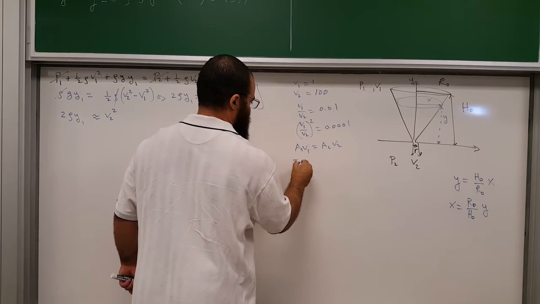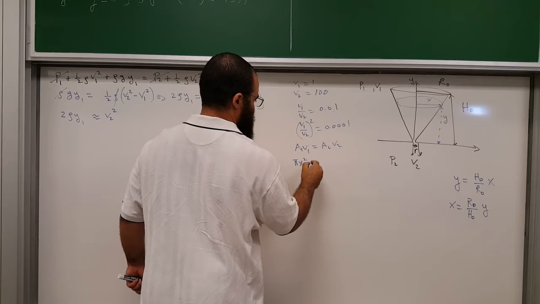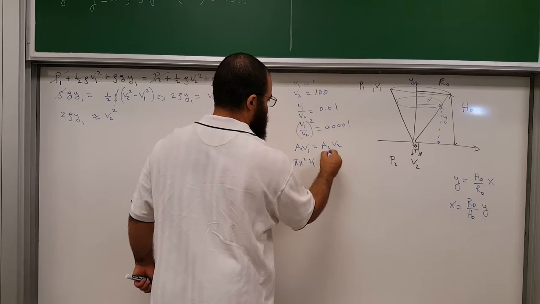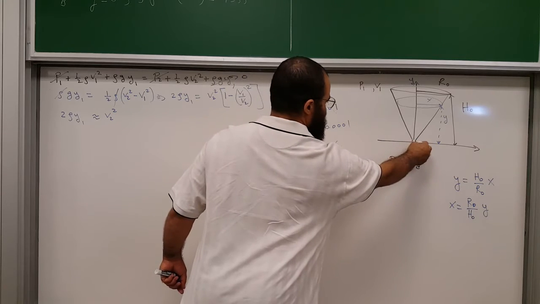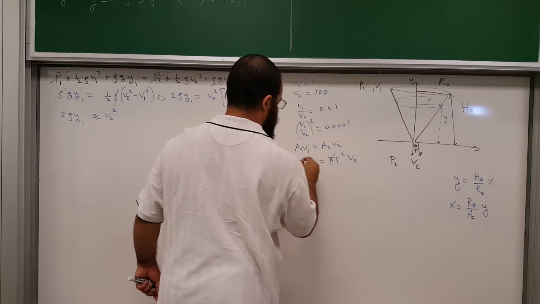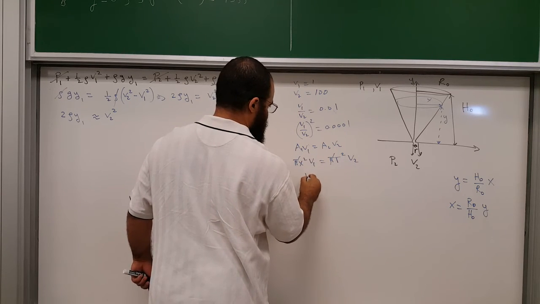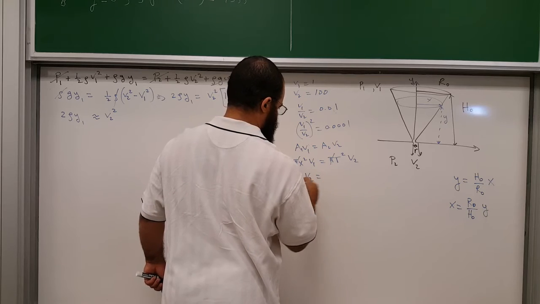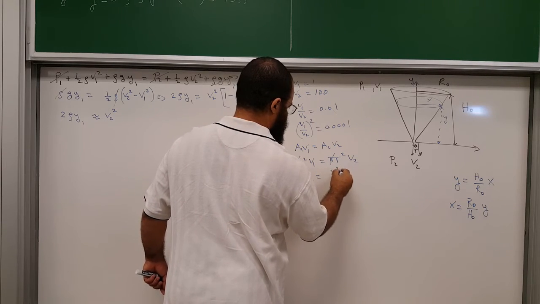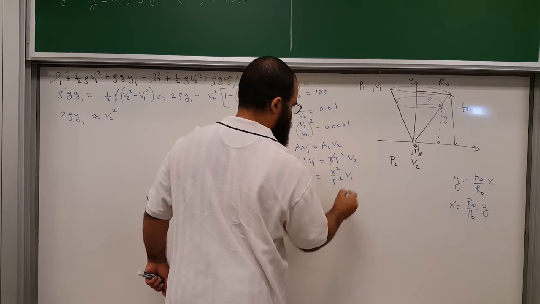So pi x squared times V1 equals area 2, which is the opening of radius r, so pi r squared times V2. The pi goes away, and so V2 will be x squared over r squared times V1.